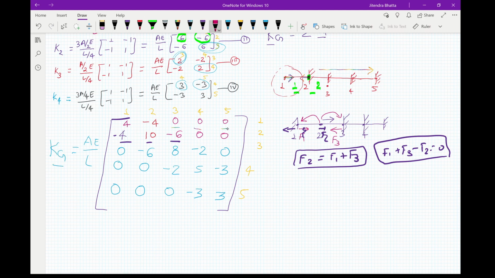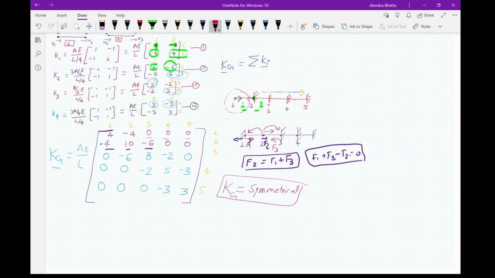Now you can see here that the summation of each row equals 0, and this is also symmetric, which means that the corresponding values above and below the principal diagonal, which is this one, are equal. For example, your K43 must be equal to K34.